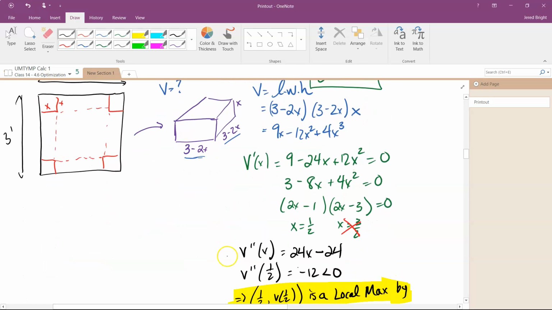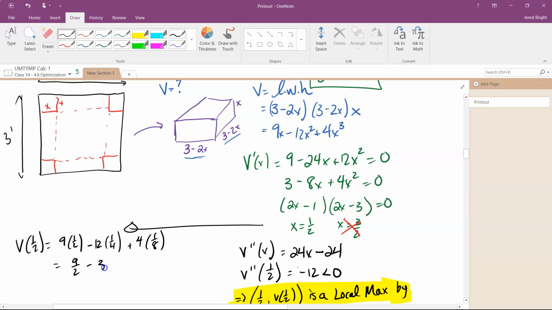So v of 1/2 is 9 times 1/2 minus 12 times 1/4 plus 4 times 1/8, which is 9/2 minus 3 plus 1/2, and I get 2.